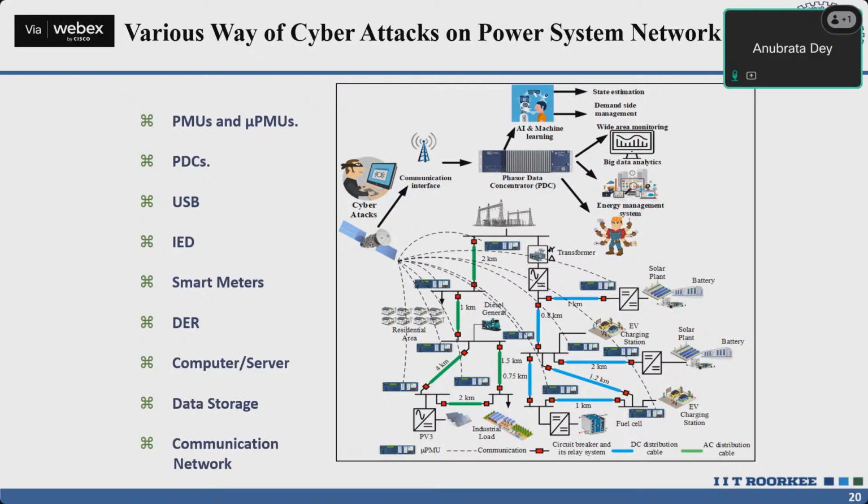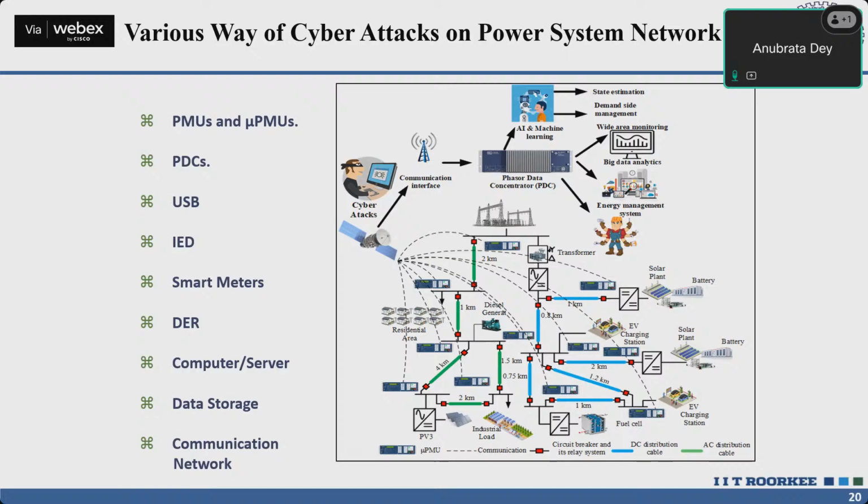So PMUs are the most vulnerable devices, because PMUs are sending their data, let's say, to PDC, higher level, as per hierarchy. So usually what is done is that 8 to 10 PMUs from one region are going to send the data to one PDC.